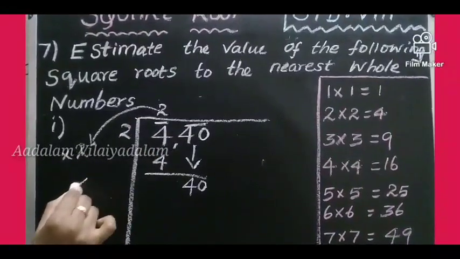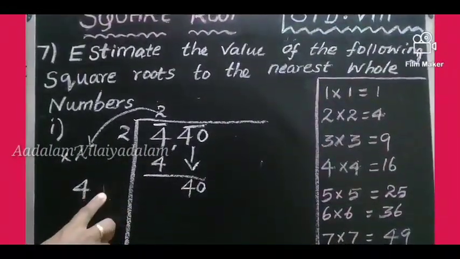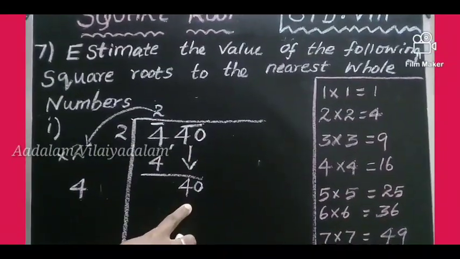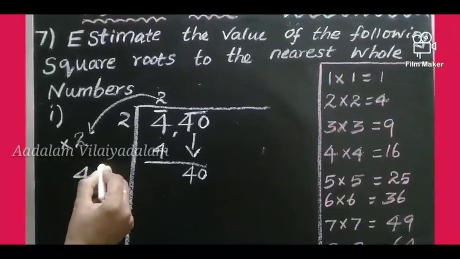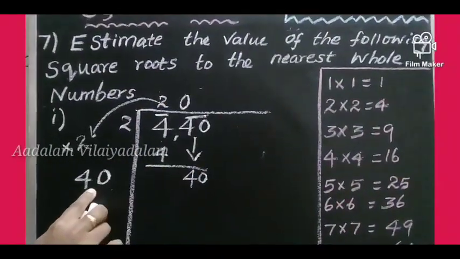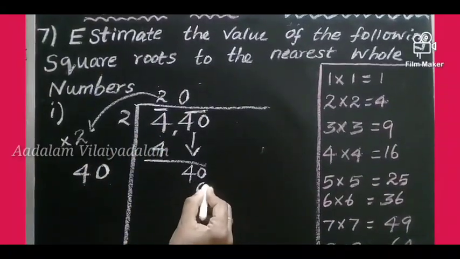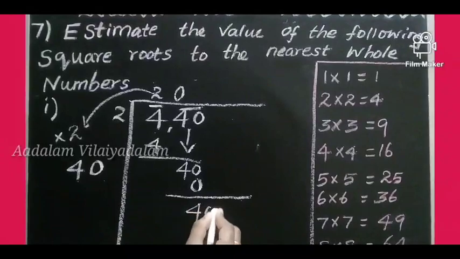So 2 twos are 4. Suppose the least number is 1. Suppose we write 1 here, it means 41 into 1, 41. Here the number is 40 only, which is below. So here start from 0. Put 0 here also, 0. 40 into 0, the answer is 0. Now 40 minus 0, 40.